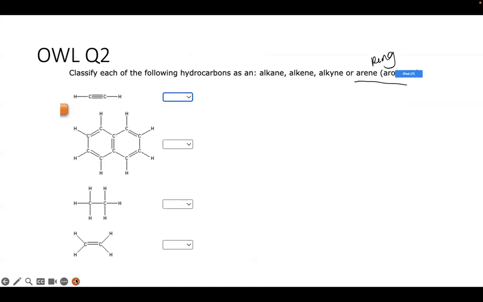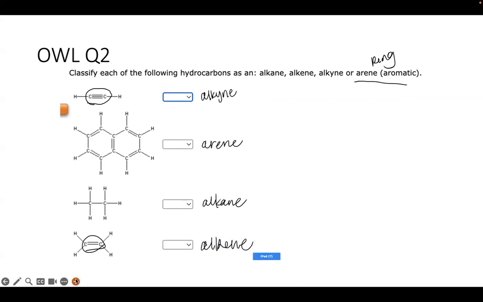Okay, so this first one has a triple bond, and so it's an alkyne. This one, I think the drop-down menu says arene. It's got a ring, so it's an aromatic. This has all single bonds, so it's an alkane. And here we have a double bond, so this is alkene. Okay.